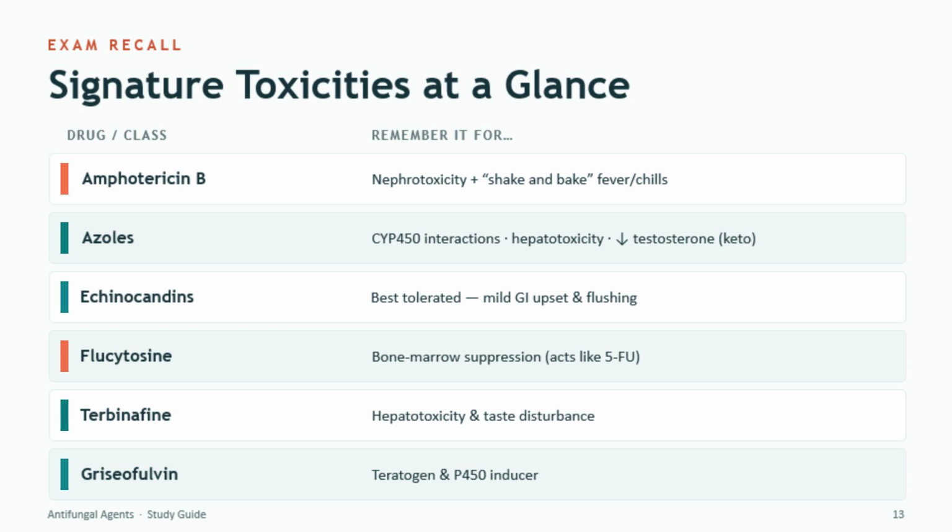Echinocandins, the best tolerated, just mild GI upset and flushing. Flucytosine: bone marrow suppression, because it acts like 5-FU. Terbinafine: hepatotoxicity and taste disturbance. And griseofulvin: teratogen and P450 inducer. If you can recite this table cold, you're in great shape for the exam.